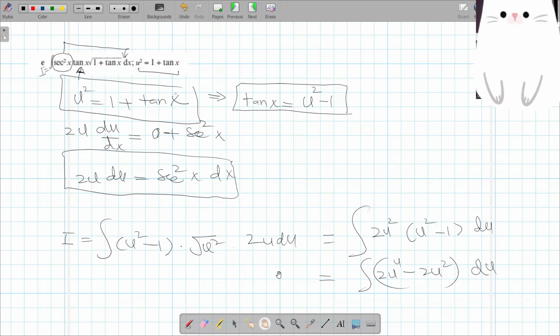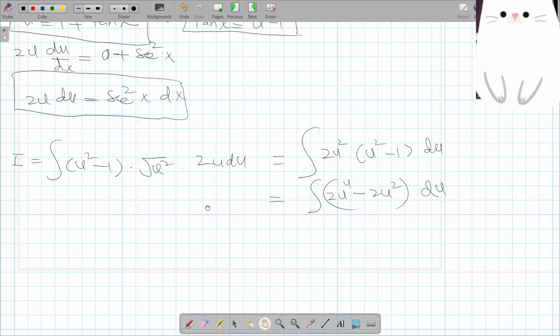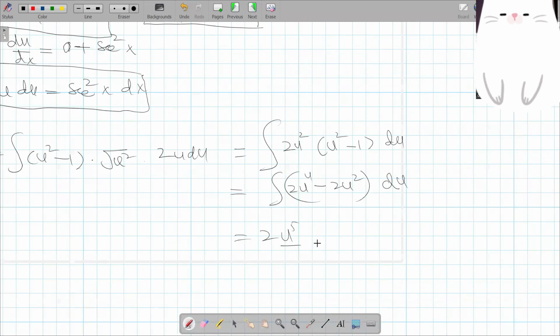No, that all makes sense. And then would you take the two out here? You can take 2 out, but there's no need. Just integrate: u to the 5 over 5 minus 2 times u cubed over 3. This is the antiderivative.